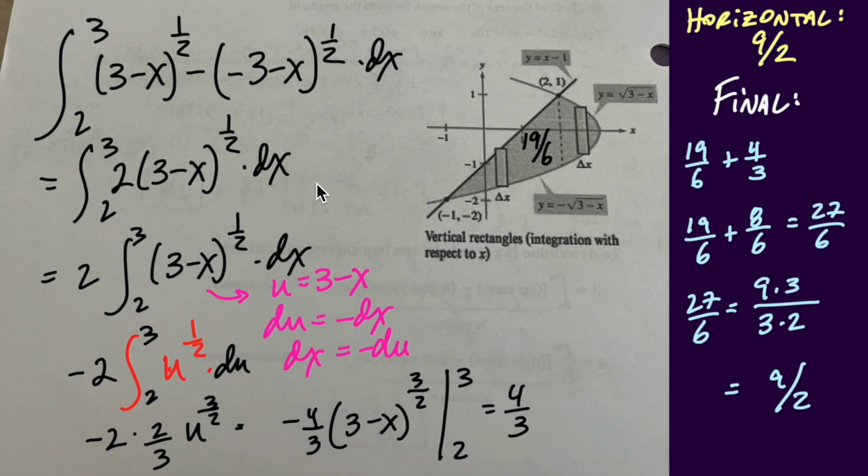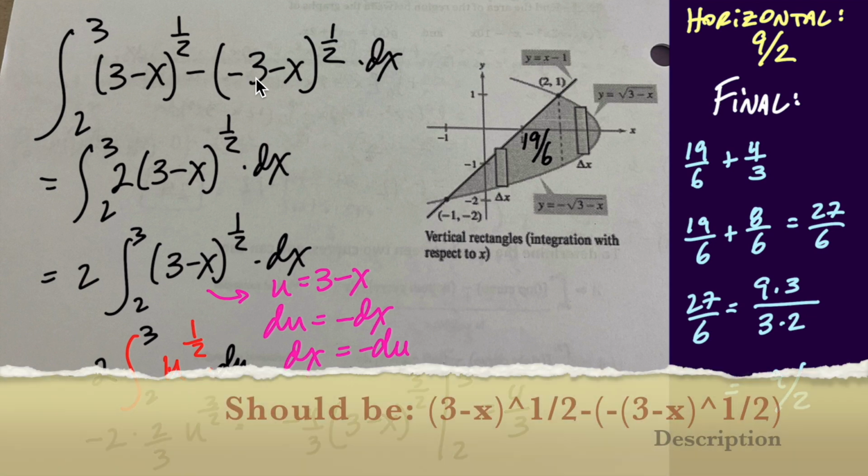Now that we have the first part of the problem solved, we have 19 over 6 as the area from x equals negative 1 to x equals 2. Now we're going to compute the area here, which only involves the curved function. On top, we're going to have the positive version of the square root of 3 minus x.